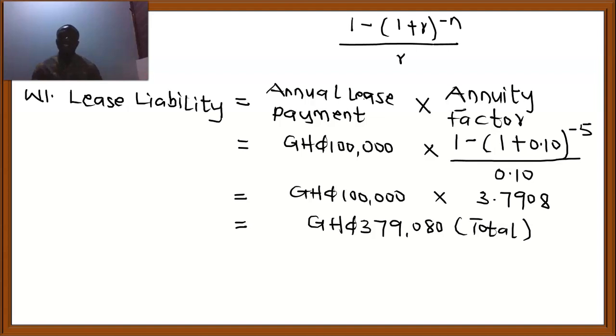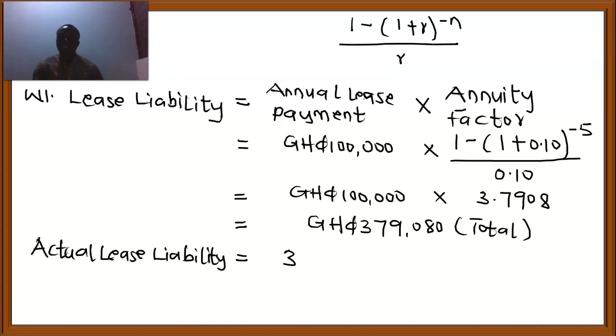So in order to determine the actual lease liability, we have to subtract the additional financing or the extra liability. So we determine the proper lease liability by subtracting the additional financing from the total we've calculated here.